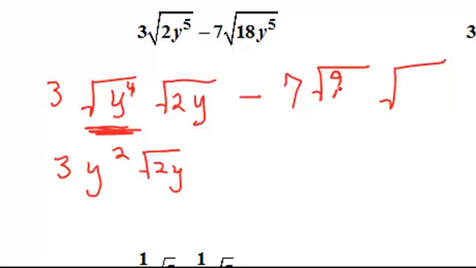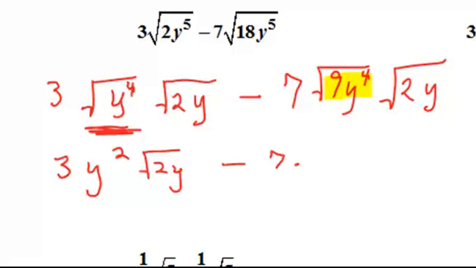Okay, 9 goes in. How many times? How many y's can we put? And what are we left with? So we have minus 7 times what?